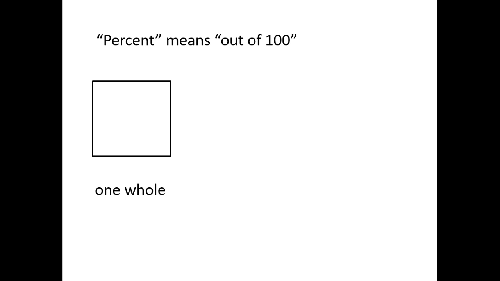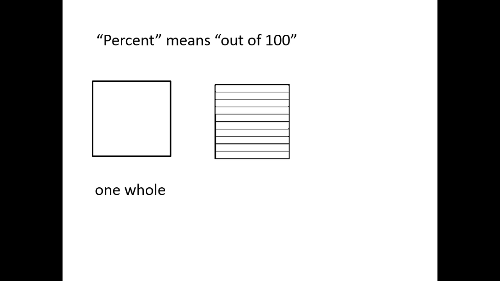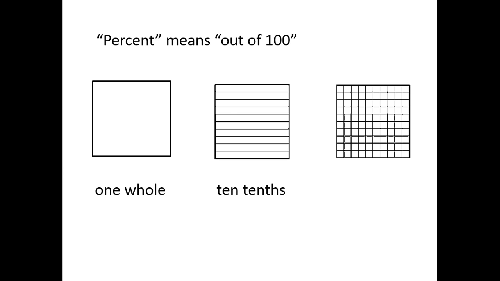We've talked about with fractions that we need to be very careful about thinking about what the whole is. So if this square represents one whole, we could divide that square into 10 equal pieces and say that we have 10 tenths. Or we could divide that square into 100 equal pieces and say that we have 100 hundredths. Now that's exactly what we did when we were looking at decimals.